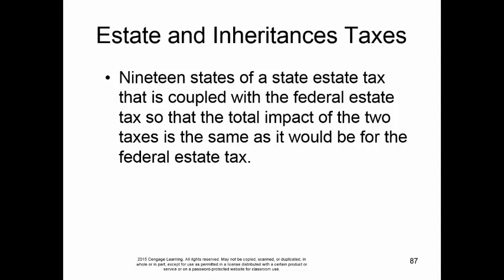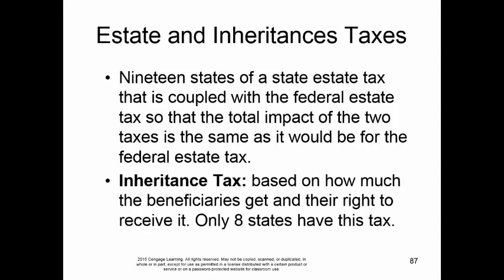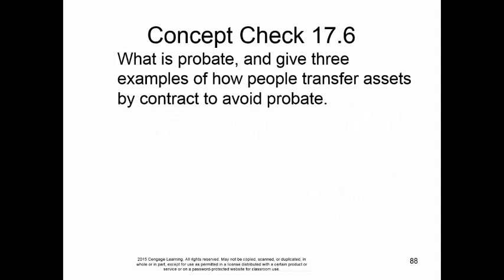It just impacts whether it goes to a state or to the federal government. The inheritance tax is based on how much beneficiaries get and their right to receive it. Only 8 states have this tax. Texas does not.